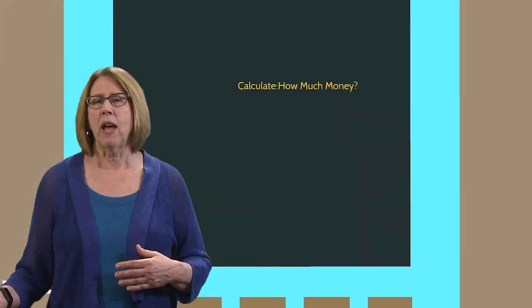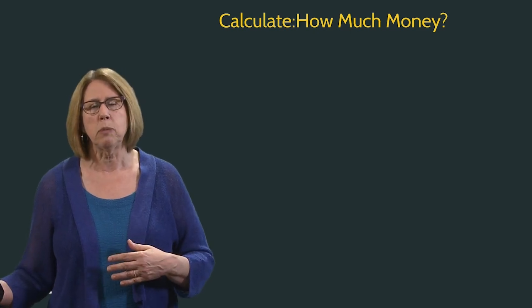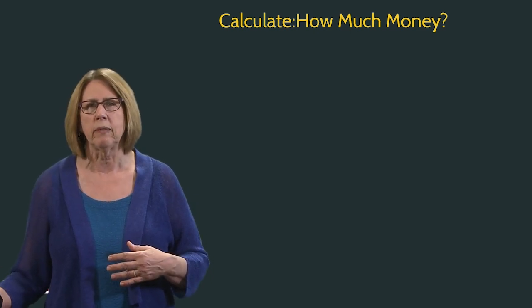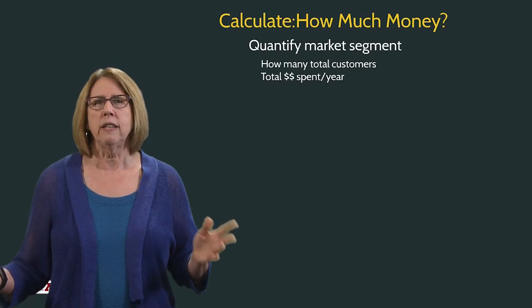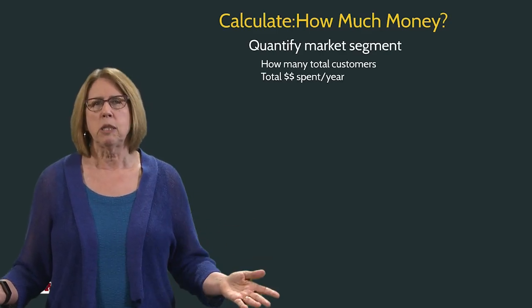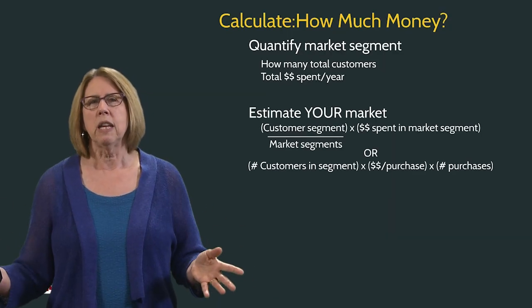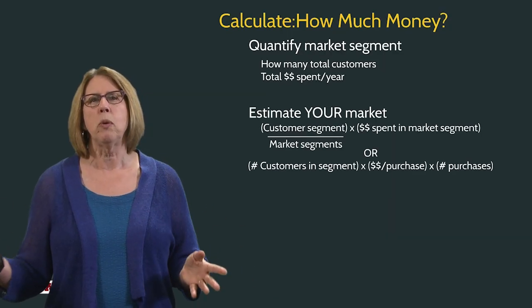Then you're going to think about how much money is this segment currently spending or could they be spending? You've already identified how many customers you've got. How much are they spending now? And you can be thinking about this as a sort of an equation.